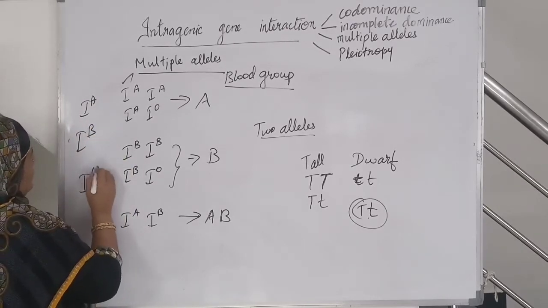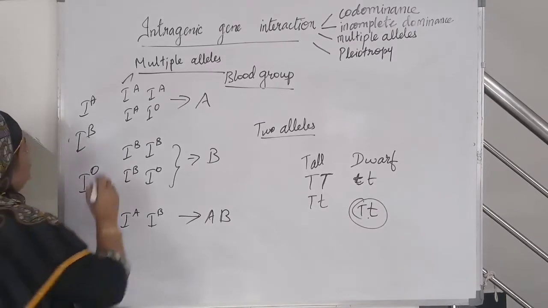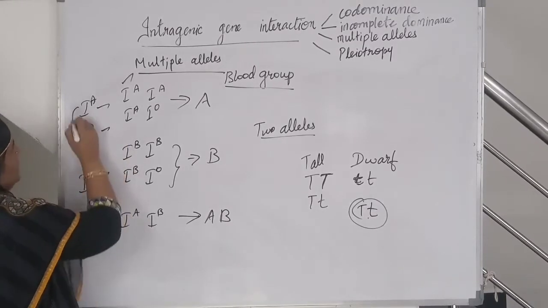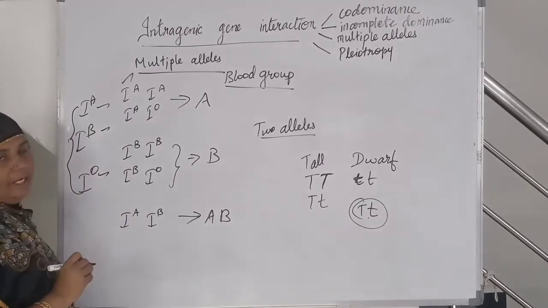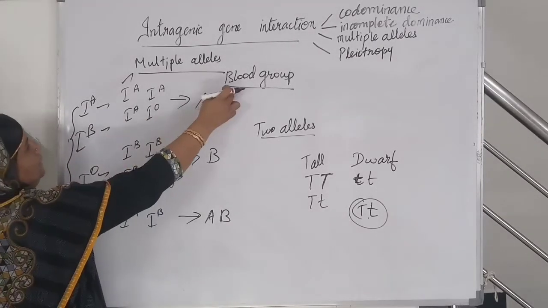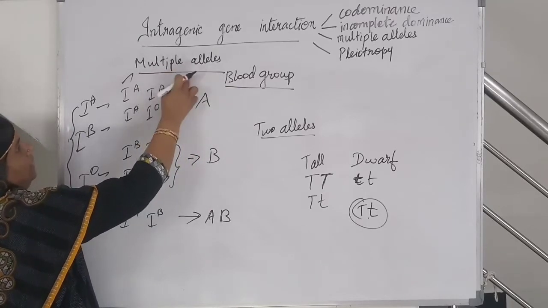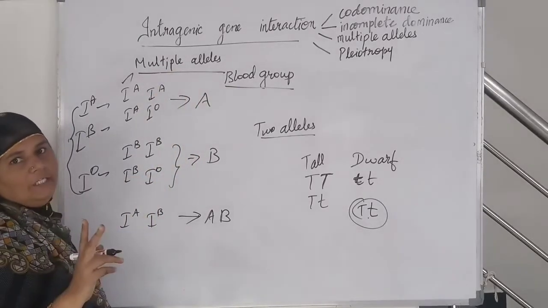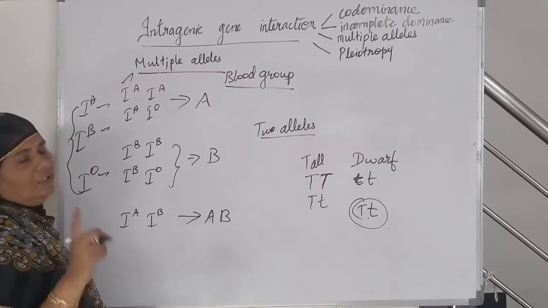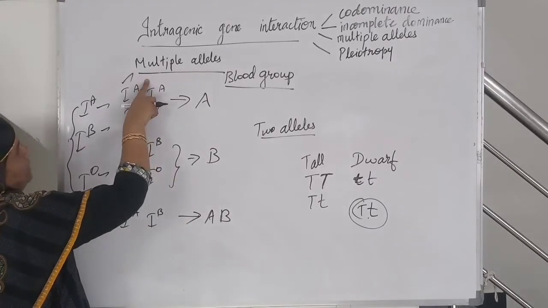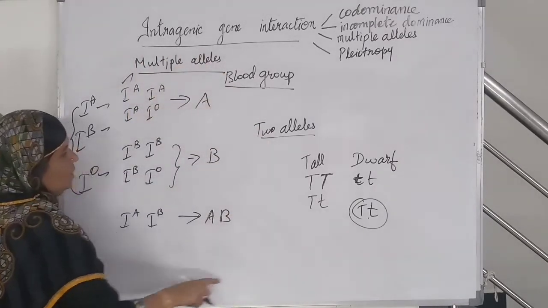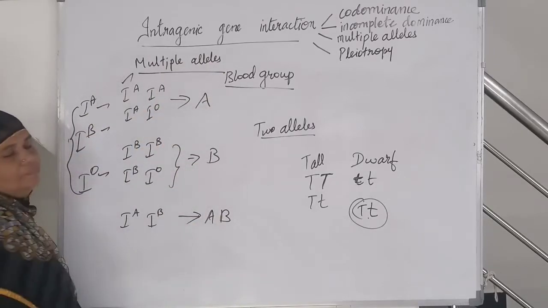This is another allele, IO. So, 1, 2, 3 alleles are there to decide a single character, that is the blood group. That is why it is called multiple alleles. If more than 2 alleles are there to decide a single character, that is called multiple alleles. Just for your understanding I explained this.